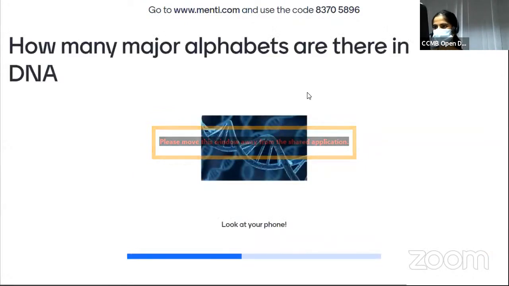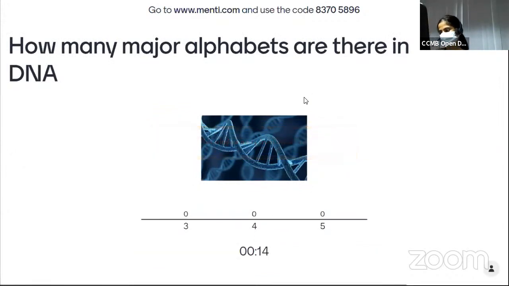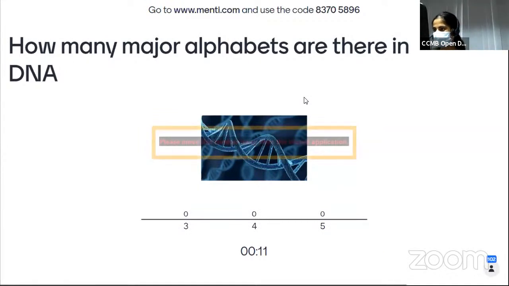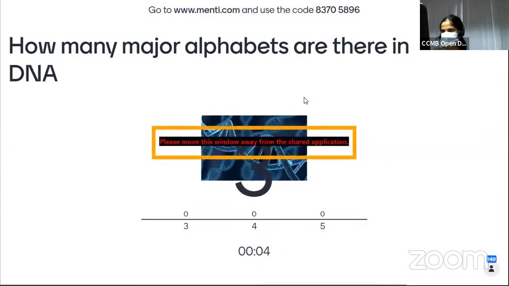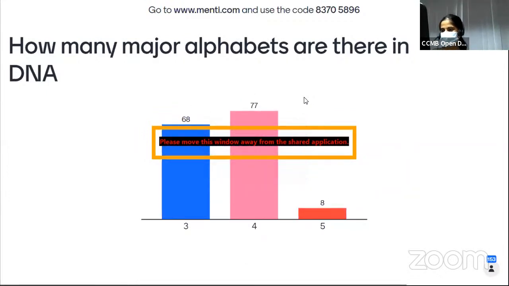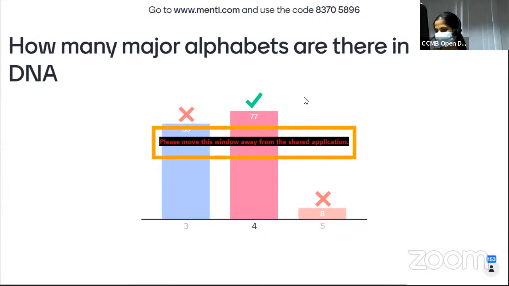How many major alphabets are there in the DNA? Options are 3, 4, and 5. The right answer is 4, not 3.